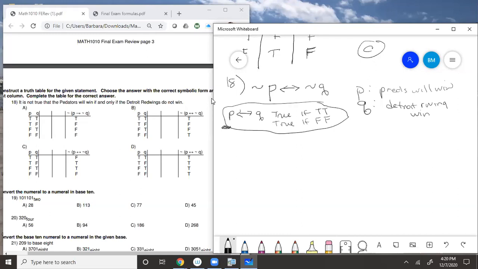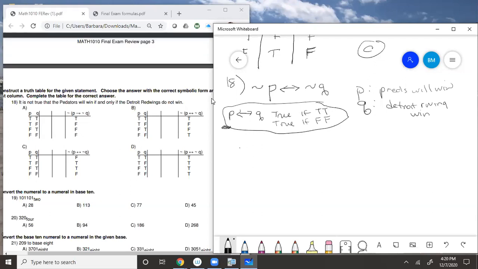So, the biconditional also works if you negate both of them. Whatever it is, it's true if both sides are true or both sides are false. Okay. So let's put this in a table.